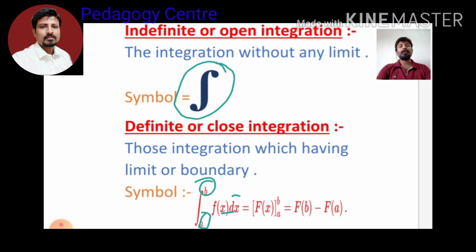When we integrate this function, we get the original function with upper limit b and lower limit a, and finally we get the value: the value of the function after putting the upper limit minus the value of the function after putting the lower limit.